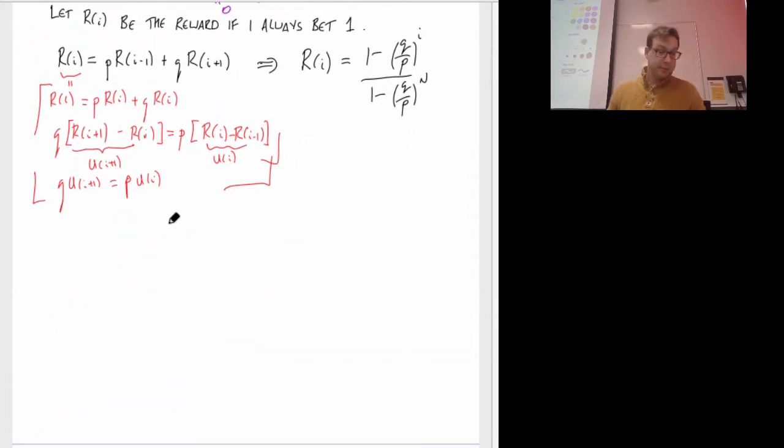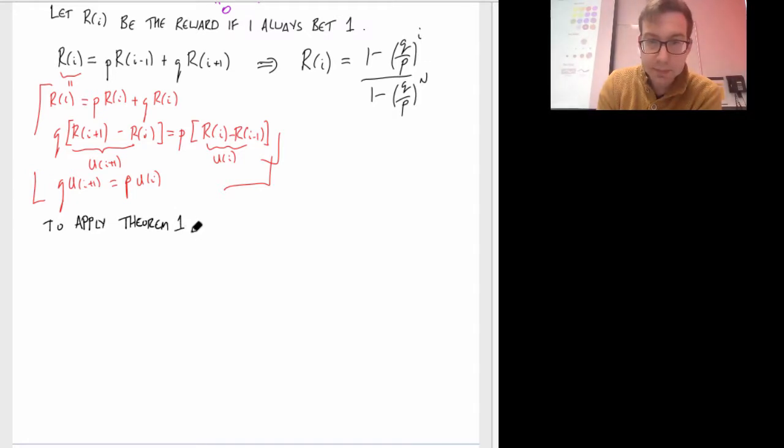So essentially, to apply theorem 1, we need to check that R of X satisfies Bellman's equation.